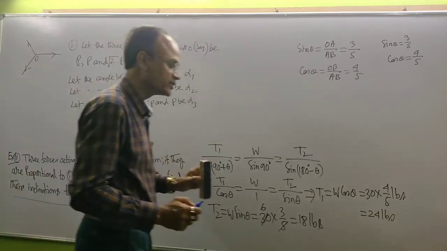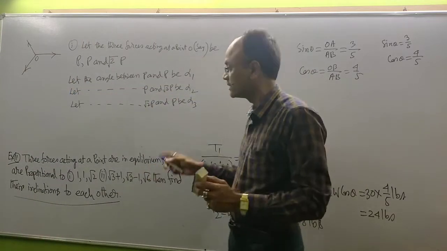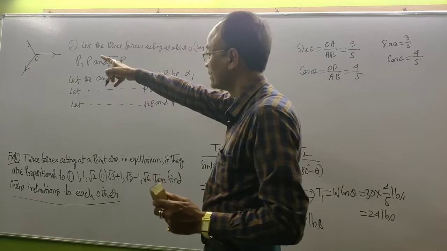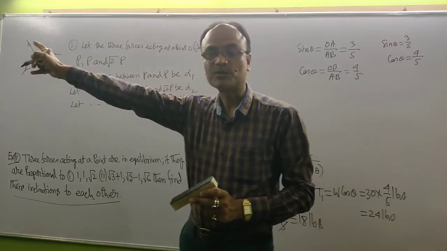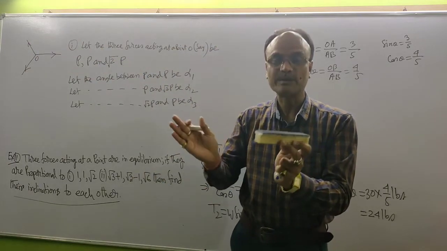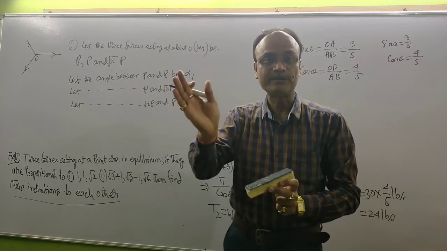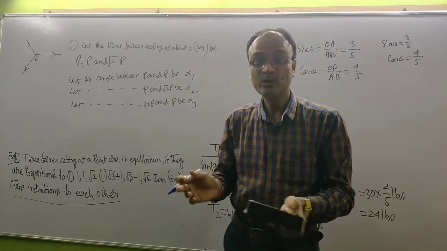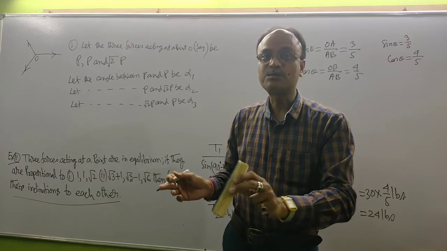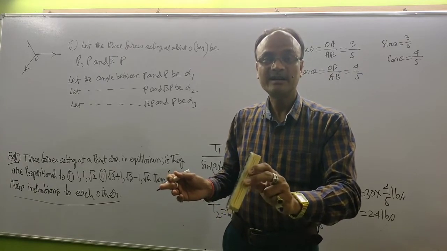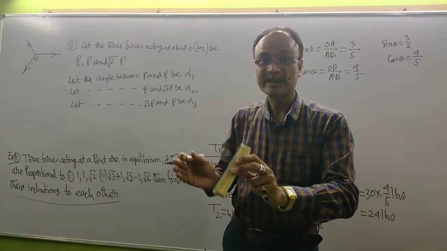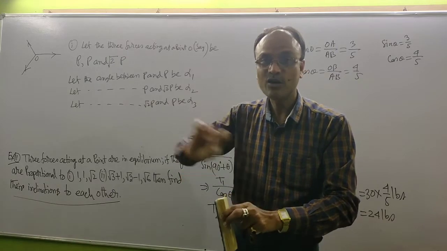Suppose the magnitude of the resultant of P and P should be equal to the magnitude of the third force, and it should act in the opposite direction.